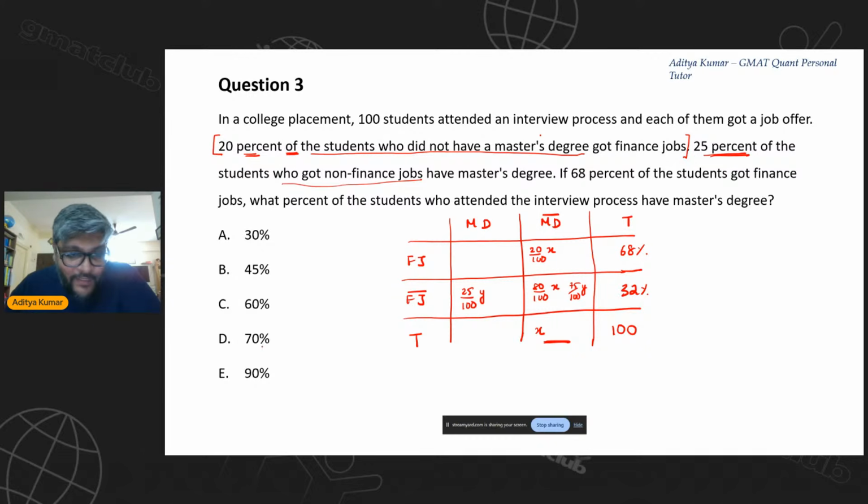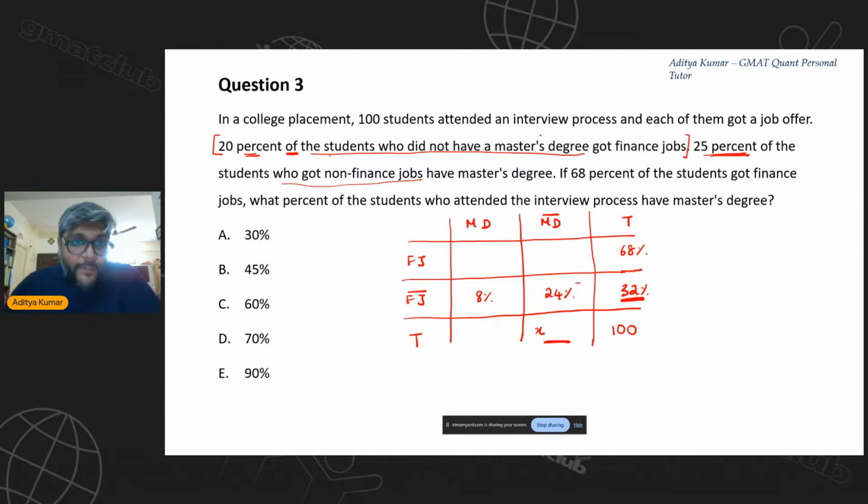And now if this is 32%, I can fill up everything else because they're telling me that 25% of the students who got non-finance jobs, that is 25% is 1/4 of 32, which is 8, also have a master's degree. So this would be 8%, this would be 24%.